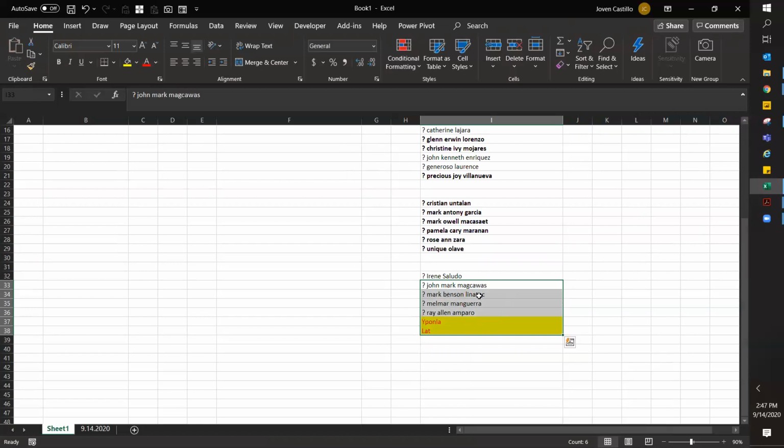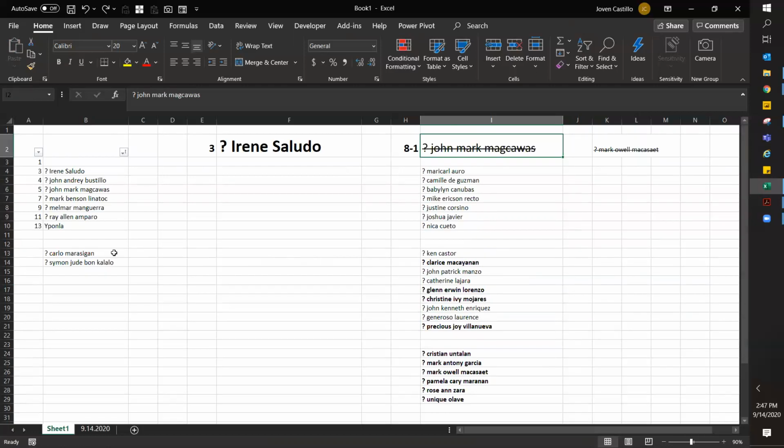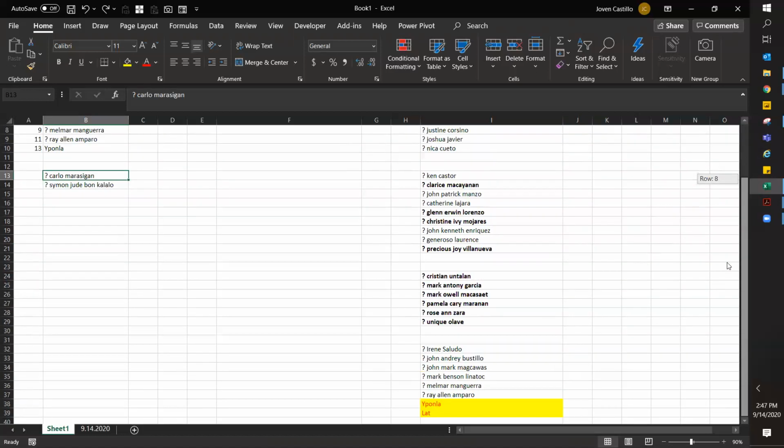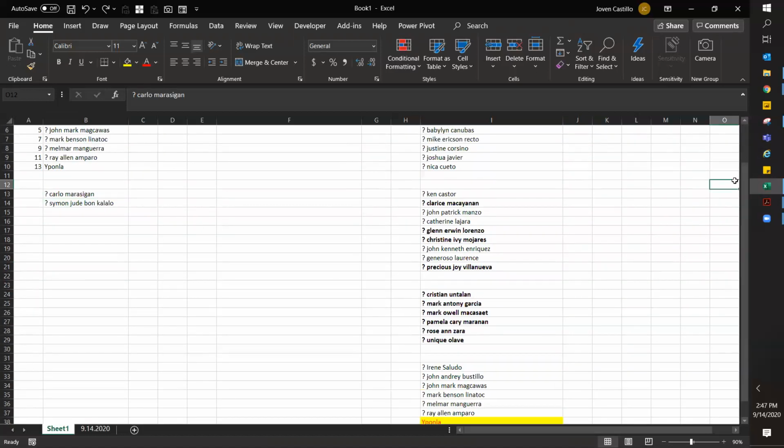Ma'am Irene po to, ano? Okay. Si Sir Carlo, saan pong group? Sino po to? Sabi na lang po si Carla doon po sa group. Ayan po. Okay.